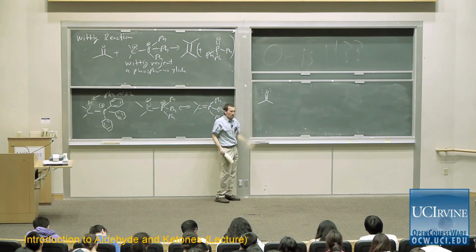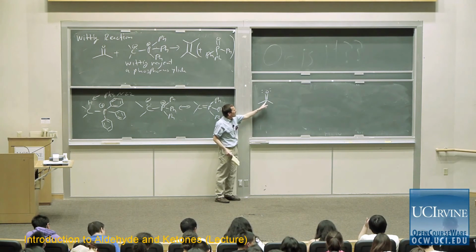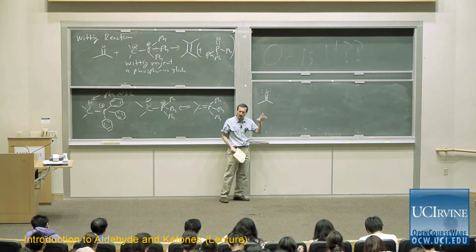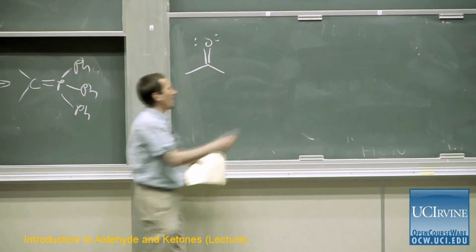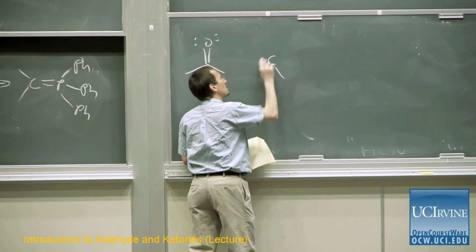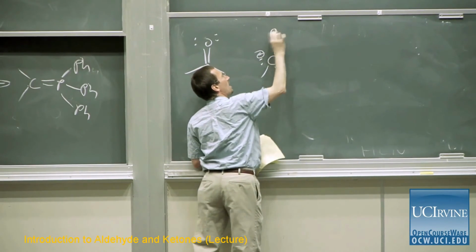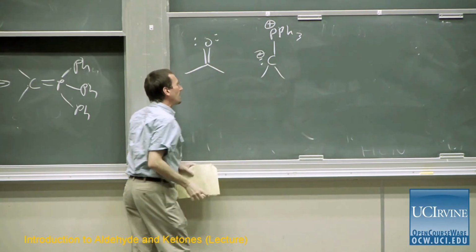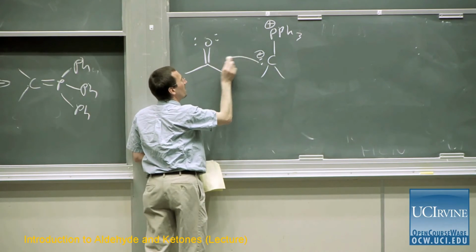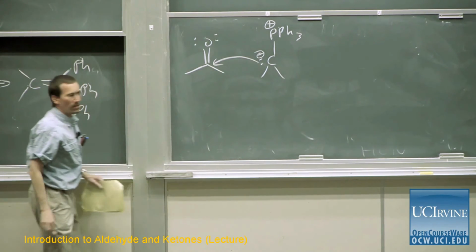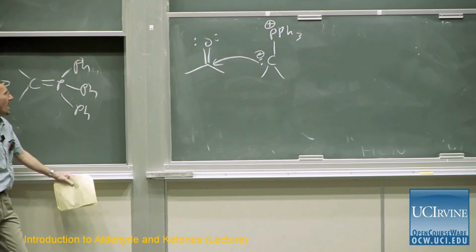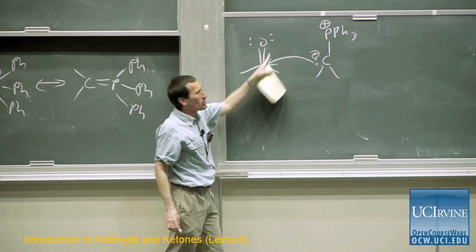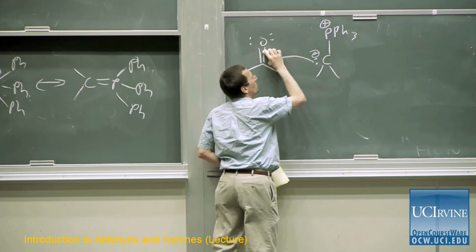So you can envision that in the first step, your phosphorus ylide has a nucleophilic carbon and an electrophilic phosphorus. And so two things can happen at the same time. Electrons can flow from the nucleophilic carbon to the electrophilic carbonyl carbon atom. And at the same time, they can flow up onto the oxygen, but form a bond with the phosphorus.